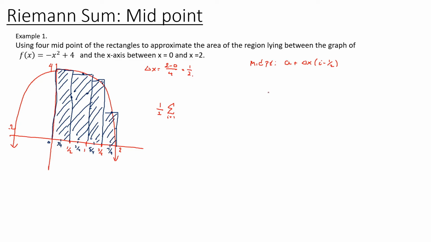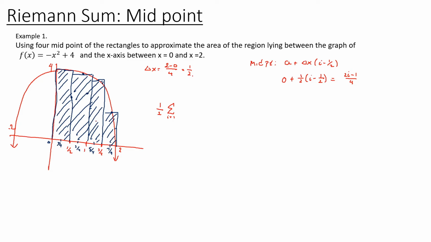If you remember, the right endpoint was i minus 0, which is also known as i. The left endpoint was i minus 1. The midpoint is in between that, so it's i minus 1/2. For this problem, it'll be 0 plus 1/2 times i minus 1/2, which we could simplify to 2i minus 1 over 4.